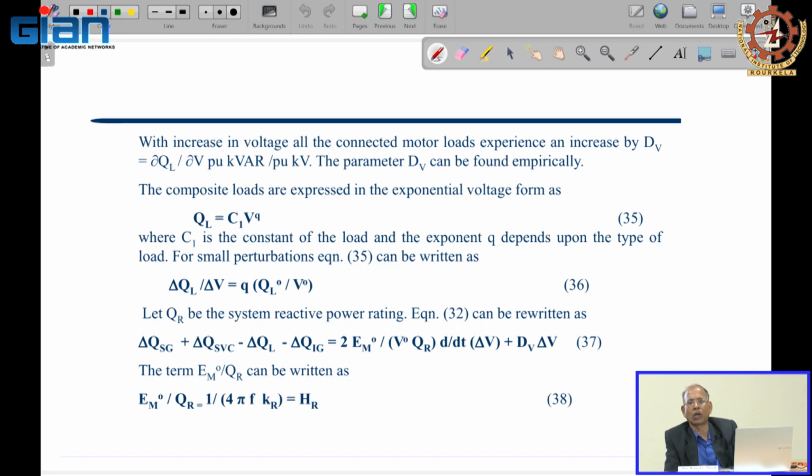Then of course, you have got the load, what kind of load you have got. You have to do the load modeling, the appropriate type of load you have to select. Then finally, in the system, for the small deviation, you place this equation. Okay.